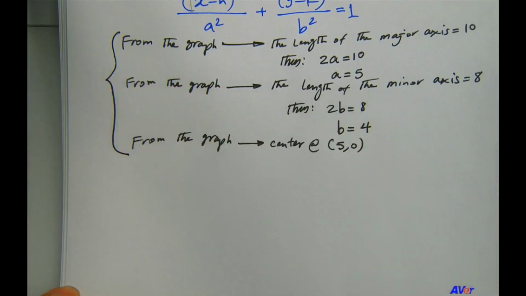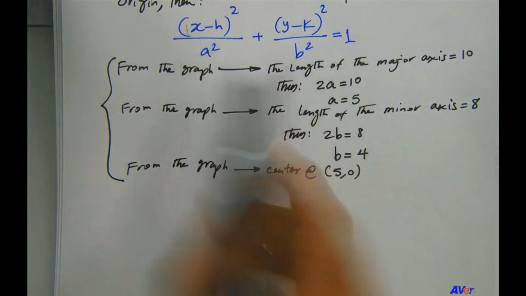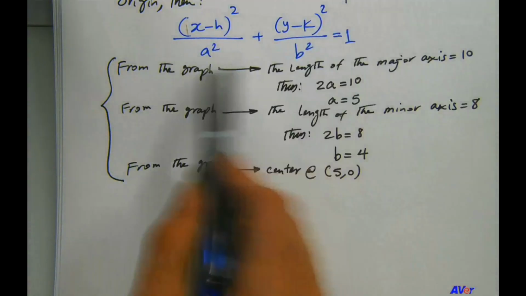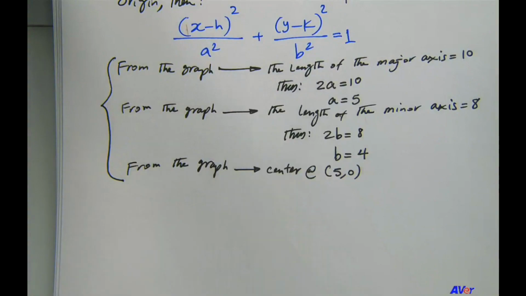So taking all this into account, and the fact that the general equation of the ellipse for a horizontal ellipse that has its center away from the origin is like that, let's plug in.